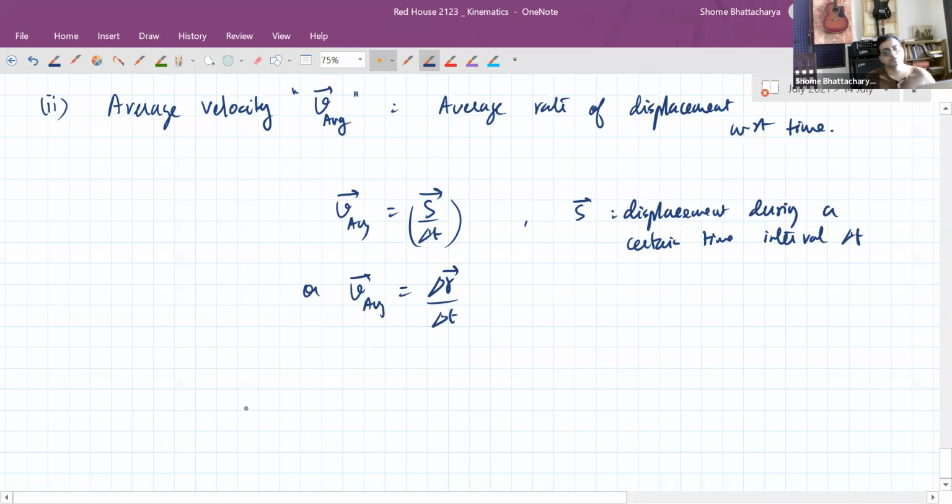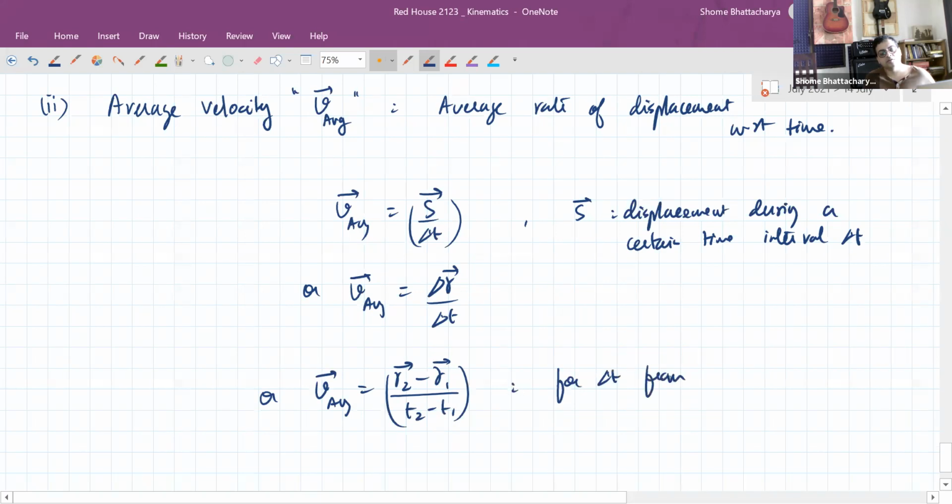Delta T. So we can also describe it in this way, that the average velocity is the change in position, let's say R2 minus R1, for a particular time interval T2 minus T1. Also write it like this, for delta T from T equal to T1 to T equal to T2.